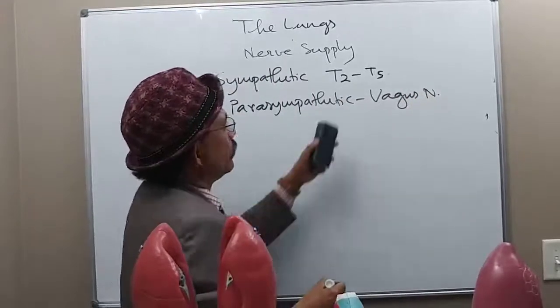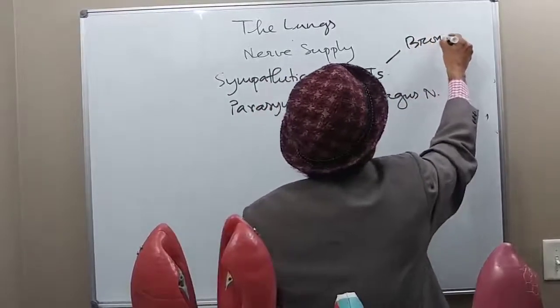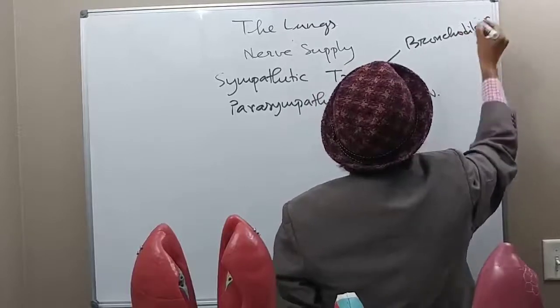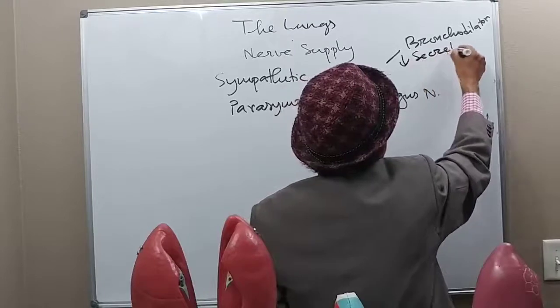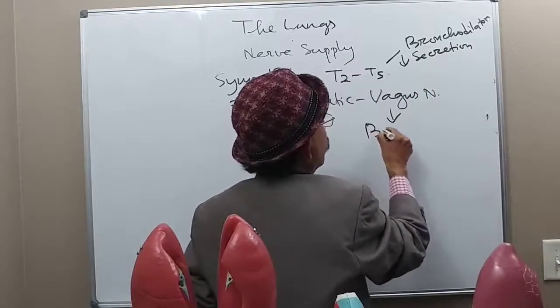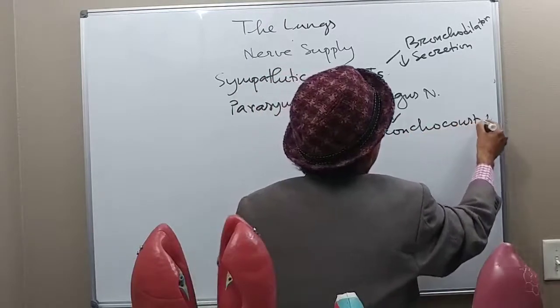Sympathetic are bronchodilator, and they decrease the secretion. Vagus, parasympathetic, is bronchoconstrictor.